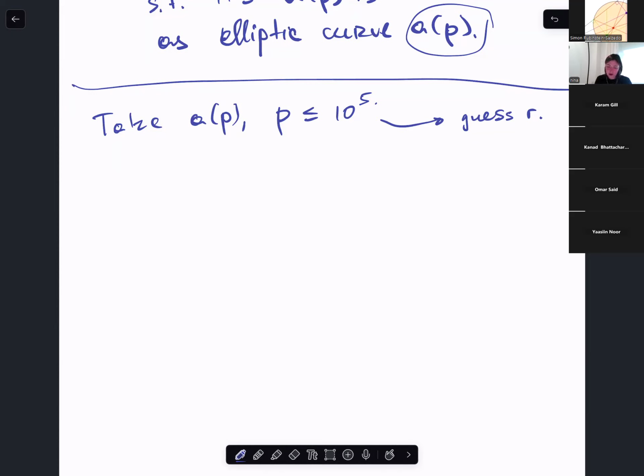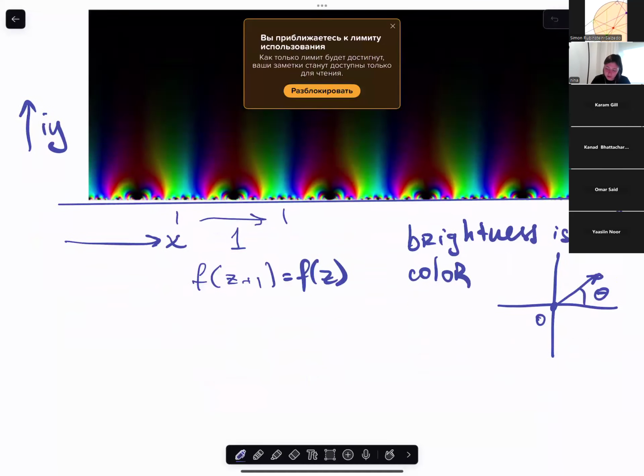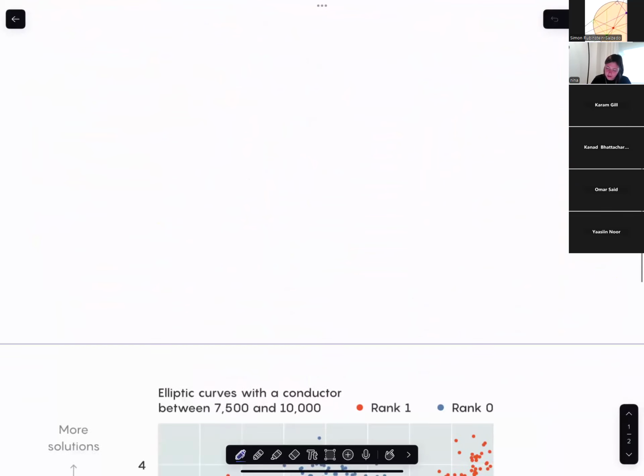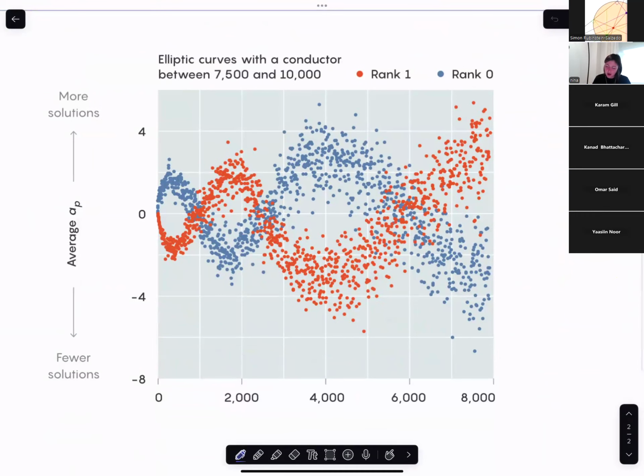And by trying to analyze what their model was doing, they noticed the following thing. So, picture number 2. They noticed that depending on whether the rank is even or odd, there's a strange oscillation in these AP coefficients. What this picture shows: one of the colors corresponds to rank 1, one of the colors corresponds to rank 0.